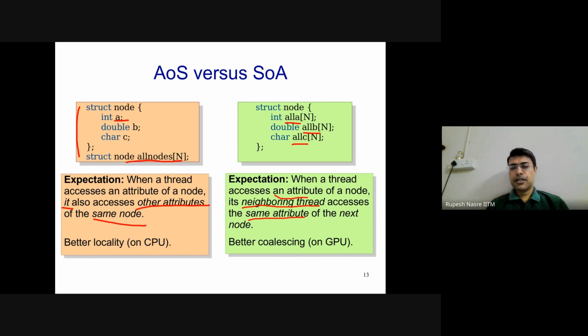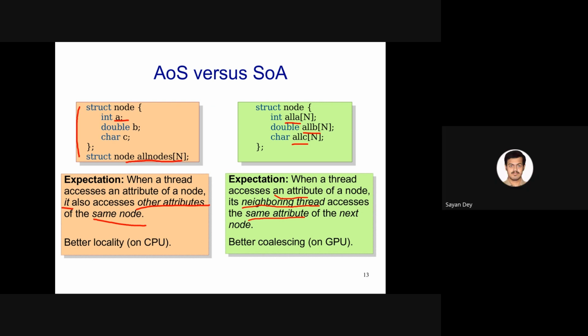Whenever thread I accesses A of I, thread I plus 1 accesses A of I plus 1. Therefore, for coalesced accesses, these two should be consecutive. I hope this is coming along pictorially, and that you are able to visualize this clearly. If there is any question, please ask.